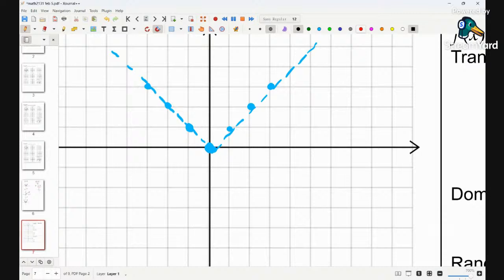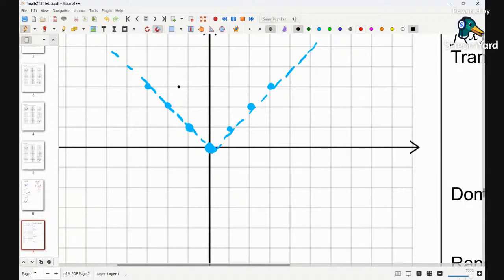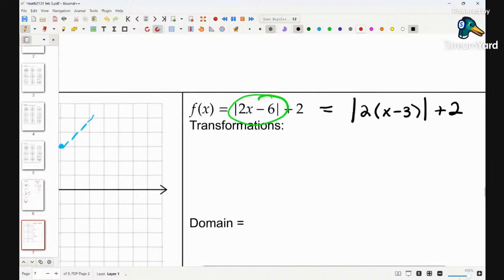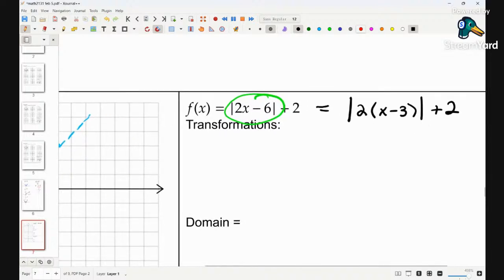Well, it means this distance right here of 3 is not stretched to 6, but it's halved to 1.5. Kind of thinking that right there. Then we're going to move it 3 units to the right.